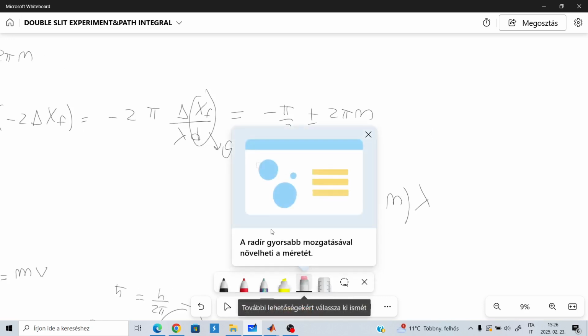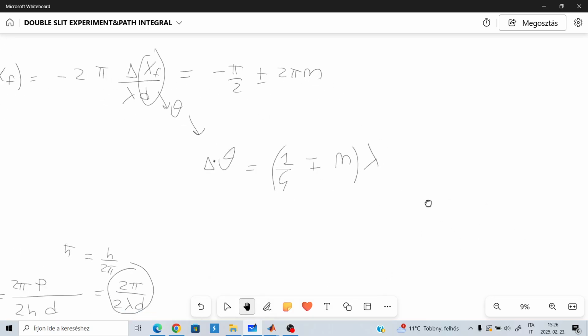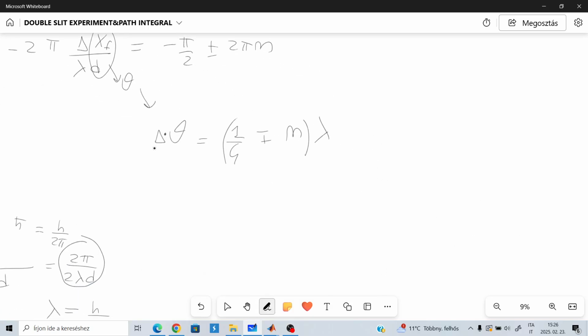And this is a result that is very similar to what you usually see in physics books that describe the double slit experiment, where you have formulas exactly like this.